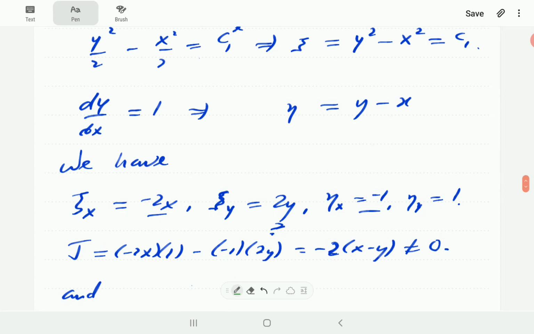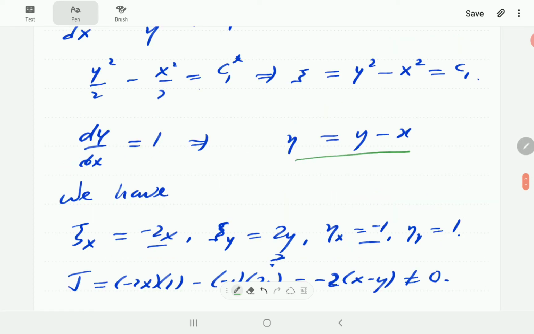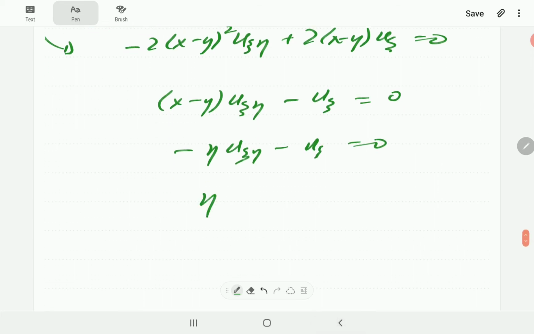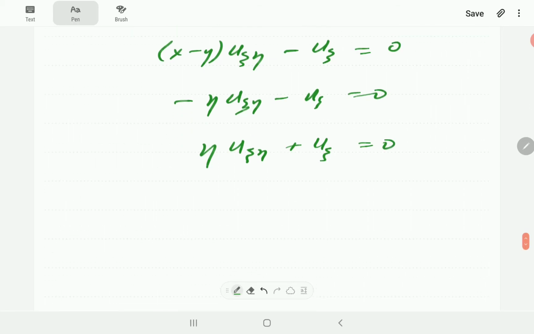And we're going to remember that eta is y minus x here. So that means we can write this as negative eta u_xi eta minus u_xi equal to 0. So we can simply multiply everything by negative 1, and so that is our canonical form.